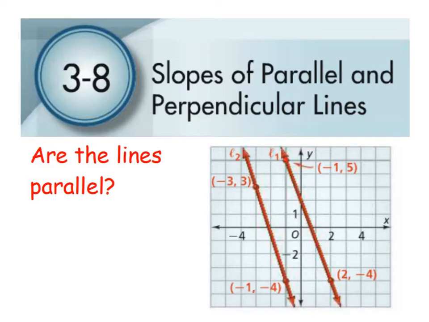So my rise is actually negative, down 1, 2, 3, 4, 5, 6, 7, 8, 9, down 9, right 1, 2, 3. All right, so the slope of line 1 is down 9, right 3, which actually just simplifies to negative 3.